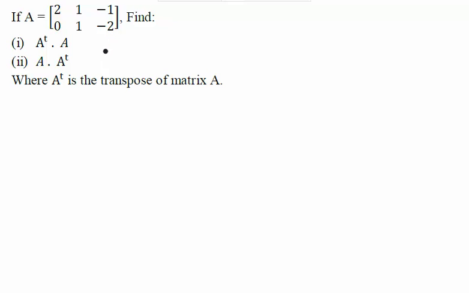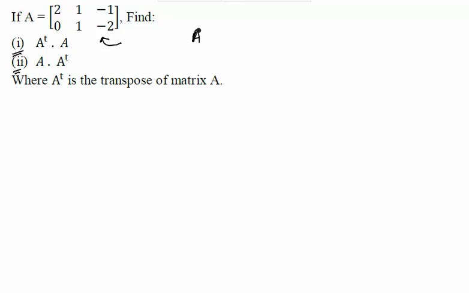Okay, so in this particular question, we are given the value of matrix A and we have to find A transpose into A in the first case, and in the second case we have to find A into A transpose, right? So first of all, let us write down what A transpose is.